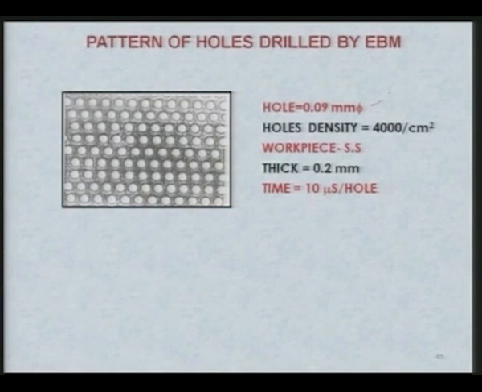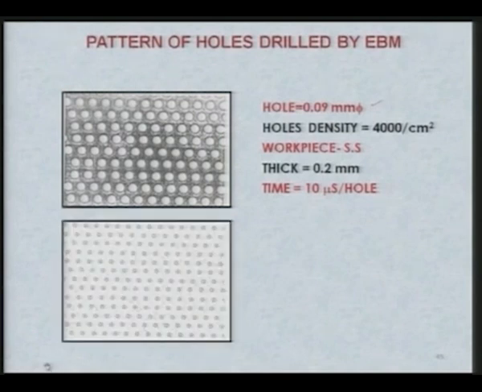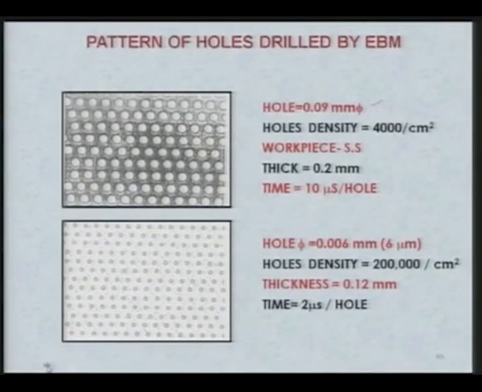But some of the industry people are not satisfied with this size of the holes, they want still smaller holes. So, they have used the electron beam machining process again, and they are able to create 6 micron size holes at a very high density of holes per unit area.